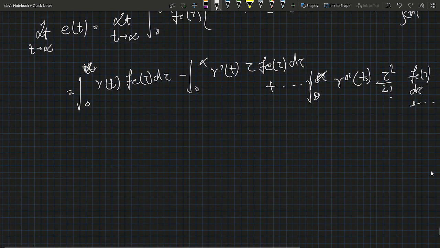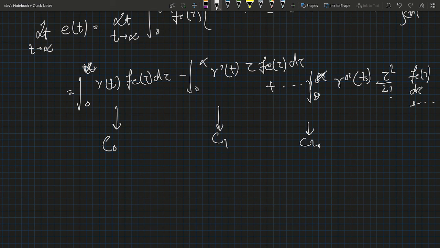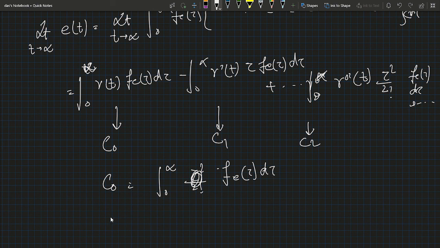Okay, now consider this thing. Now this is a first parameter c0, second parameter c1, then c2, and up to cn. So what is the value of c0? c0 equals the integral from 0 to infinity of f_e(tau) d tau.